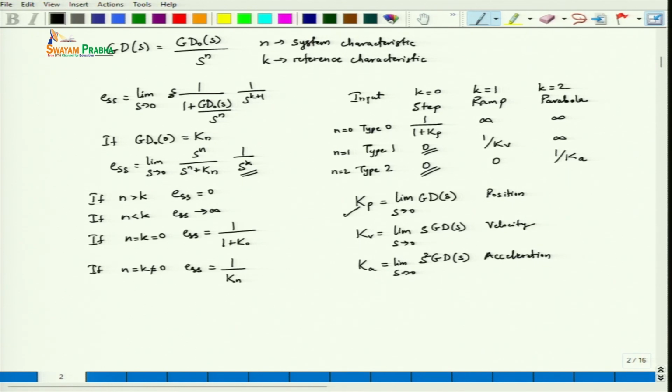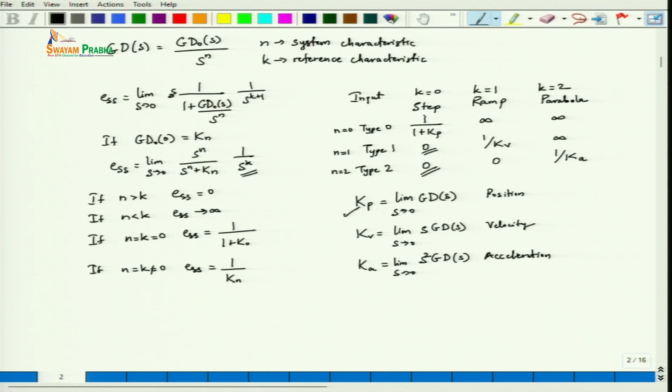Now, if we take a ramp input and apply it to a closed loop system which has an open loop part g d of s with no poles at the origin, then our steady state error will go to infinity.